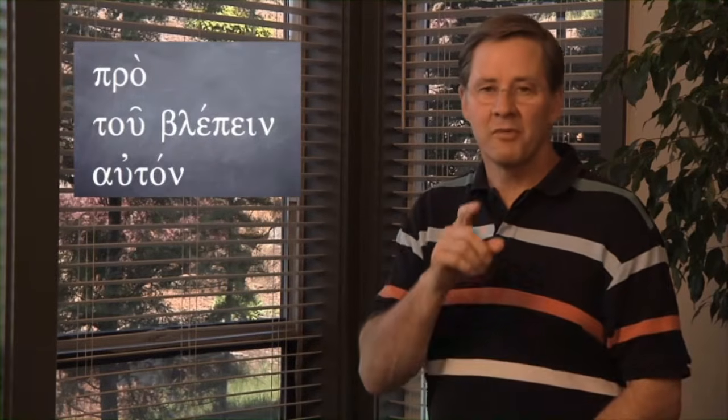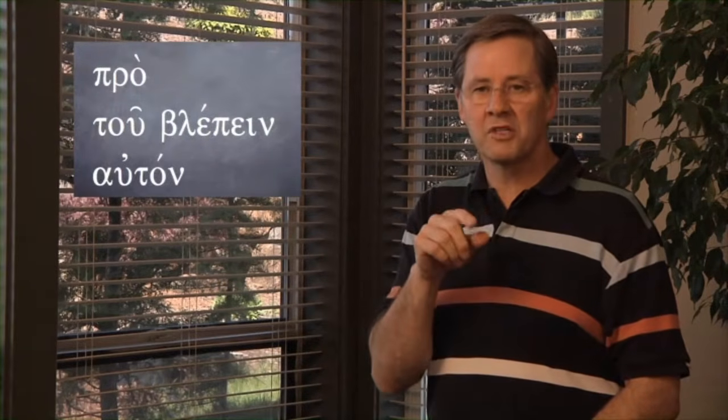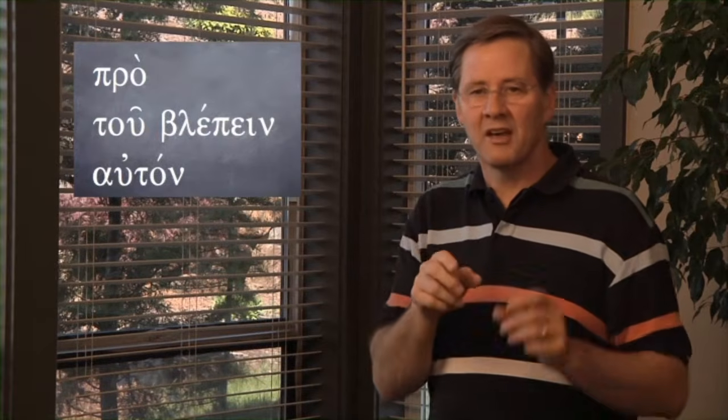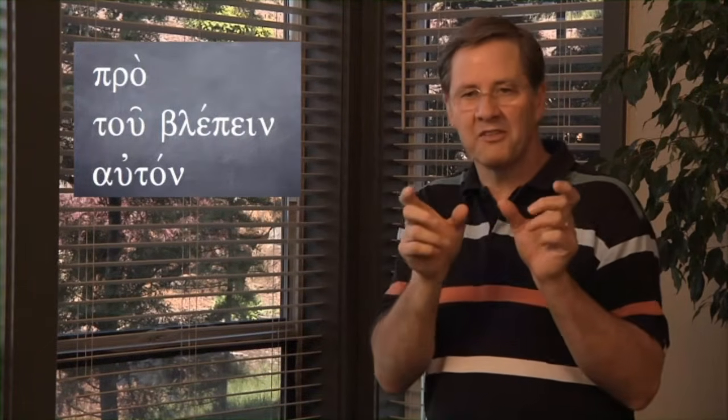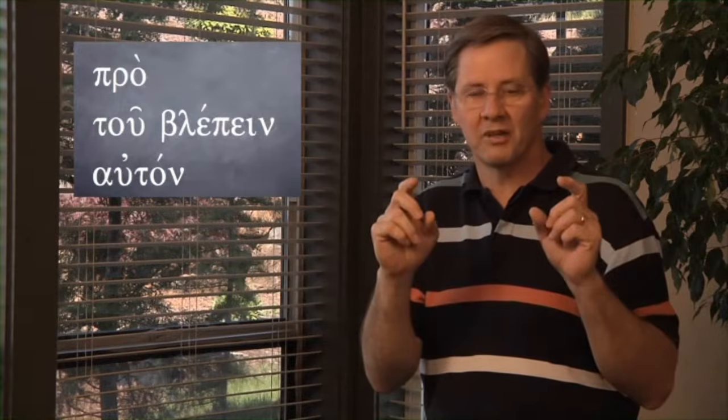The other 3 prepositions that occur with the articular infinitive are all temporal, and they're going to mean before, when, and after. Okay, those are the 3. In fact, you might even be able to guess what prepositions I'm going to be talking about. Sometimes the articular infinitive occurs with pro. And when you have pro, the article will always be in the genitive, and the pro plus the articular infinitive means "before." Okay?